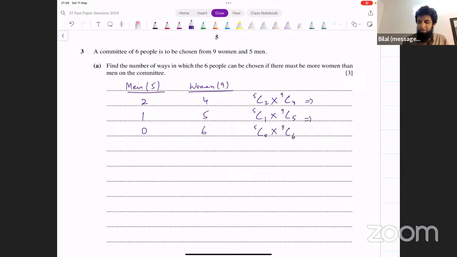Find each of these cases, add them up together, and that will give you the result. 5C2 is 10 into 9C4, that's 1260, the first one. 5 into 9C5, that is 630. And then 1 into 9C6, that is 84.